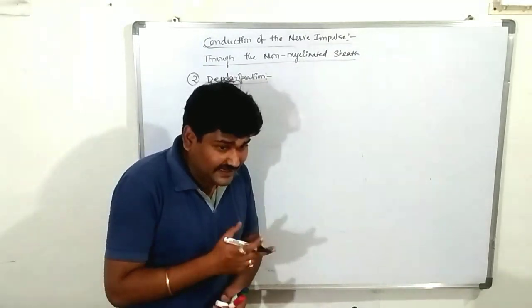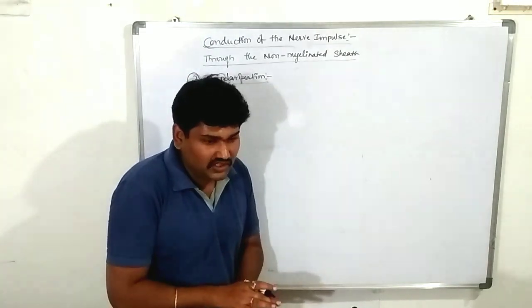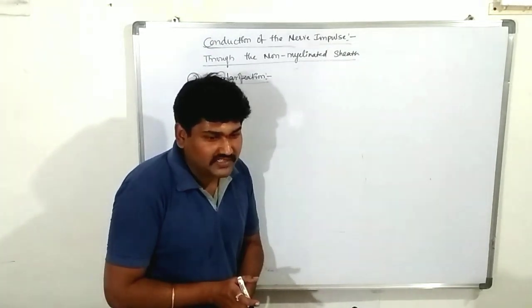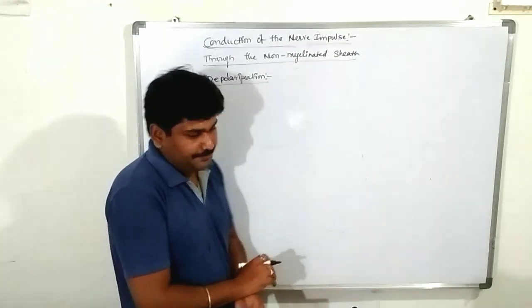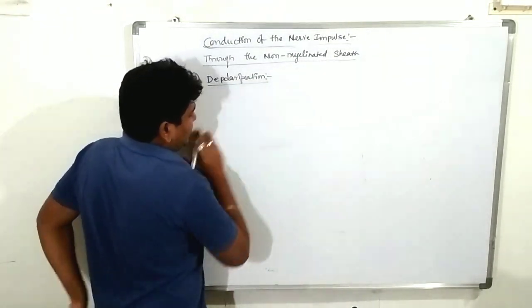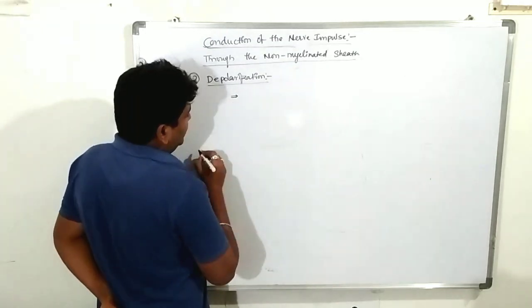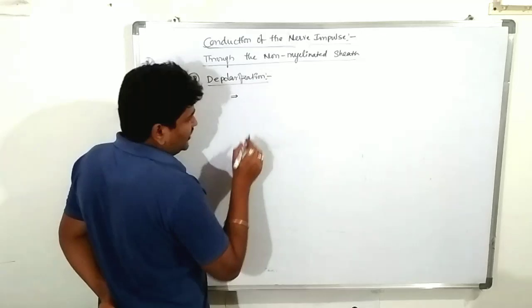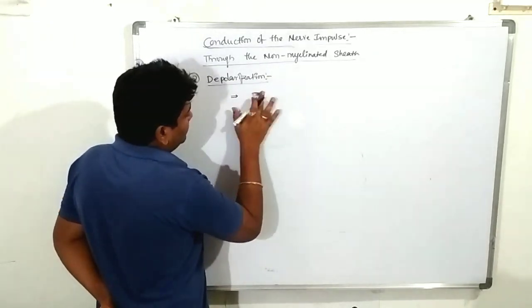D means elimination, nothing but removing some charges and adding different types of charges. So that is called the depolarized stage. Depolarization is nothing but exchanging of the polarized states.